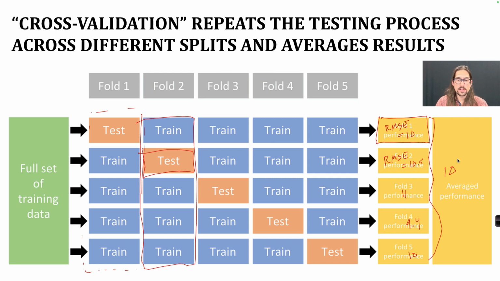Now, the reason this is nice is because you have not split off any amount of data that is only being used for testing. You're always using some of the data for training and some of the data for testing. And this is the average, even though each of these test sets is small. So you can think of this as averaging; let's say that each test set only has 10 observations.